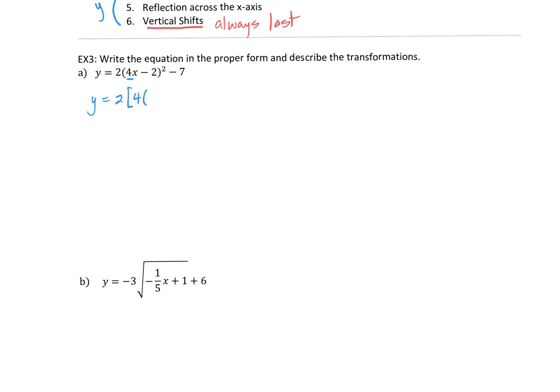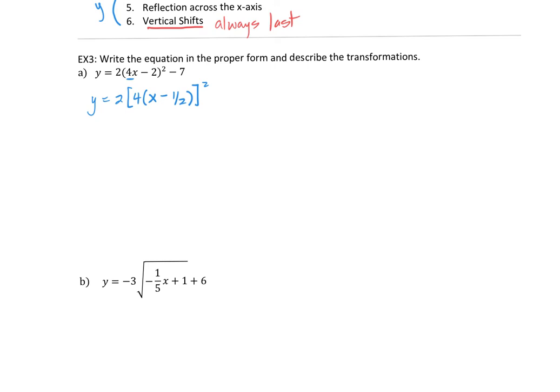So in parentheses, if I factor out the 4, I'm going to have x minus, so remember when we factor, we're dividing. So 2 divided by 4 would be 2 over 4, or 1/2. If you're not sure, then you can double check by distributing that 4 back through and seeing if you get back to the original equation. So that's what I meant by the coefficient on the x has to be 1.